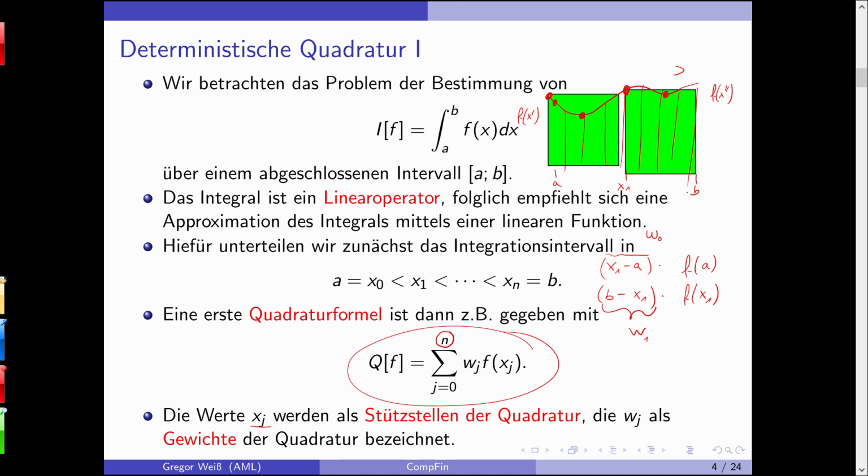What would you expect with 10 nodes as the optimal highest accuracy of a quadrature formula? It can go up to 3n minus 3. So with 10 nodes, we would have order 27.